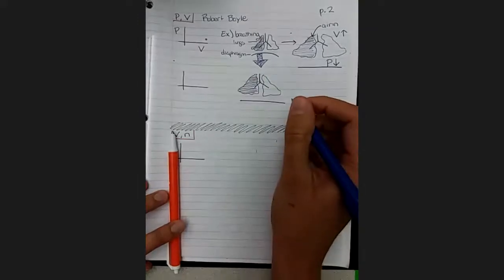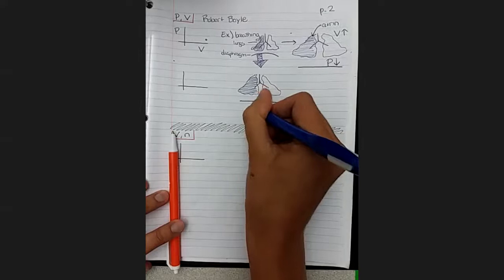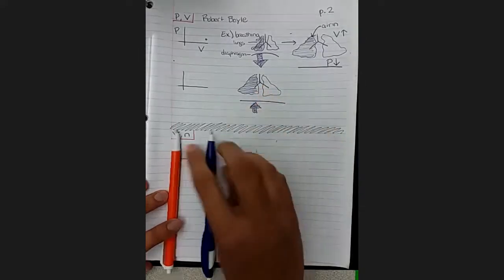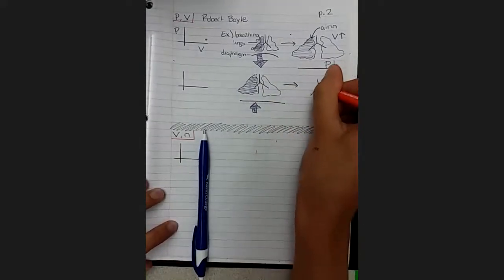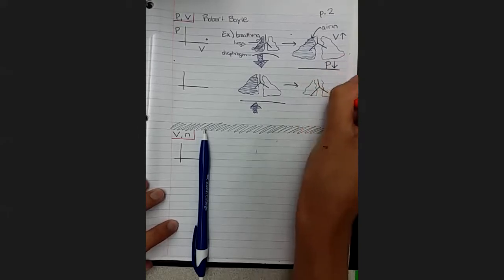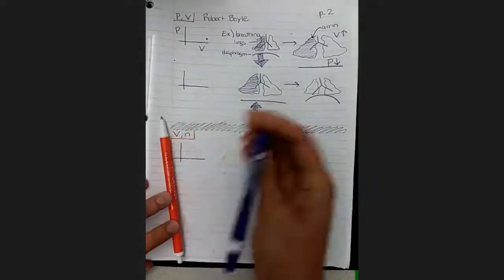Okay, so let's say we're going to be breathing out. When you breathe out, your diaphragm pushes this way. It squeezes those lungs so that they're smaller. There it is. The diaphragm is pushing.